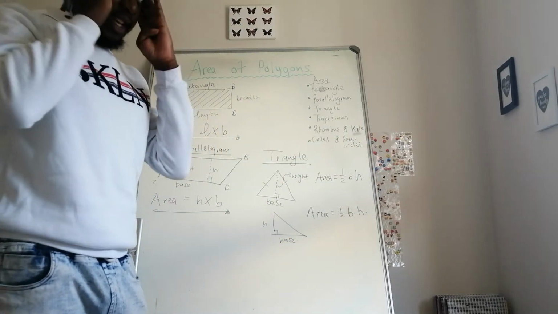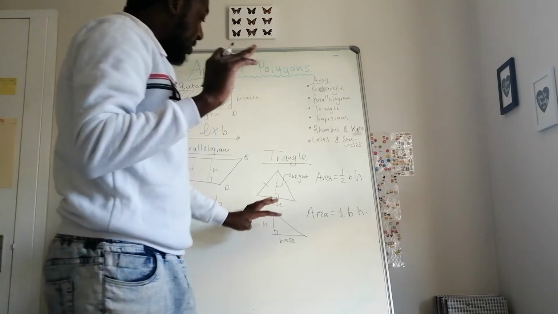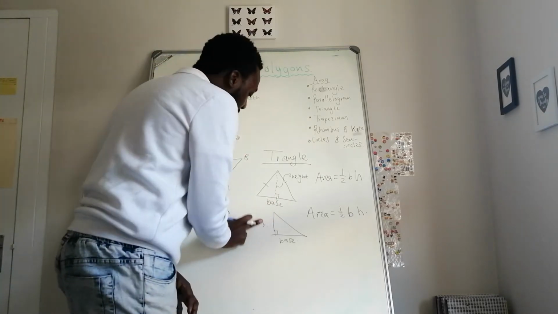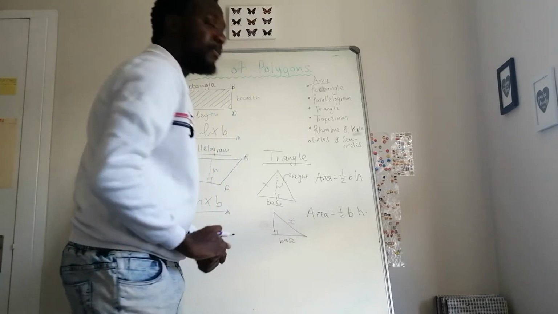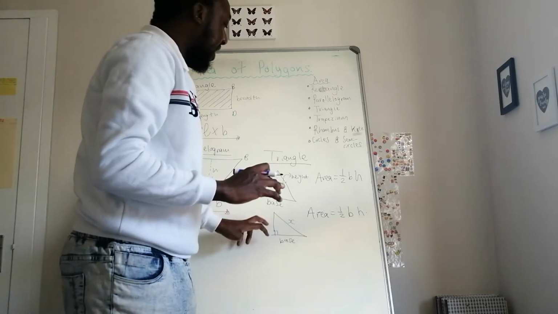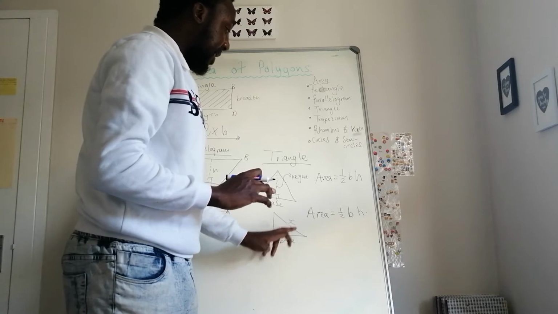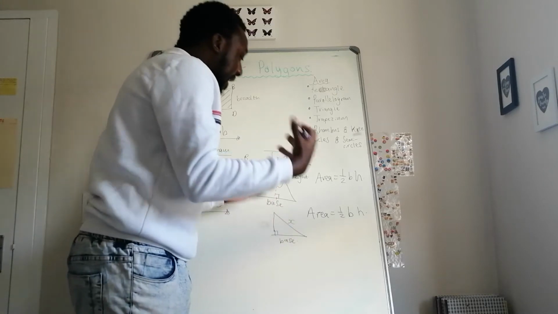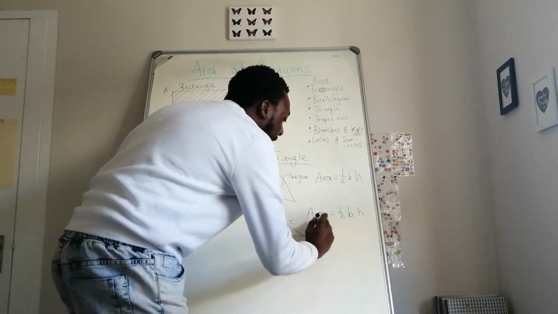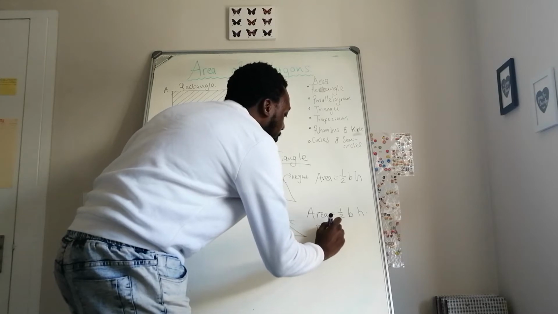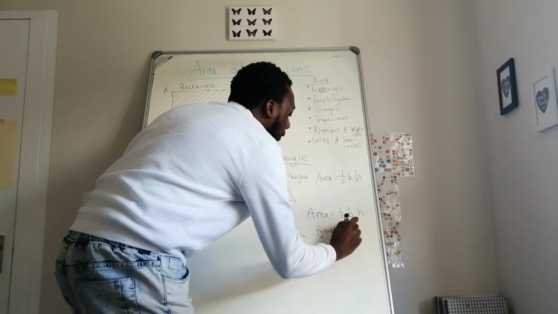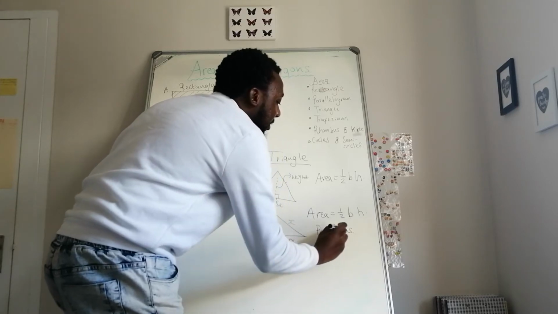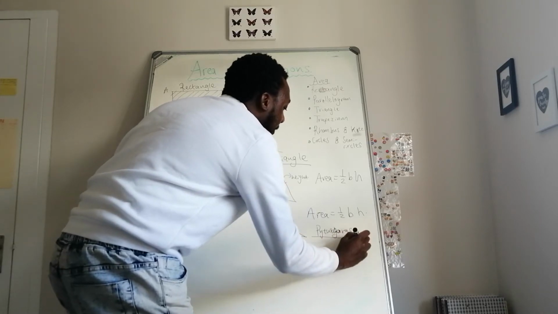But obviously, think about it. Sometimes in triangles, you might not be given the height. You might be given this guy. Let's call him X. And so how do I find the height? Given the base and the X value there, I need to use Pythagoras. So you apply Pythagoras, right?